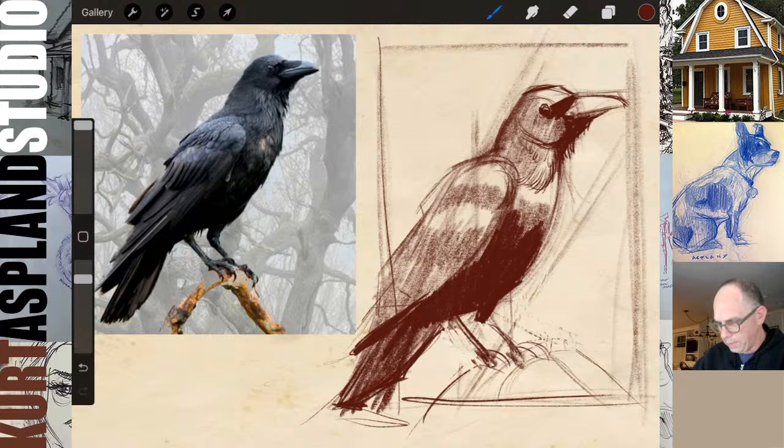Just keep making small adjustments if you have to. Okay, I'm going back in and adding another level of value.